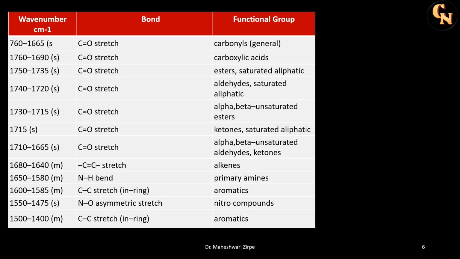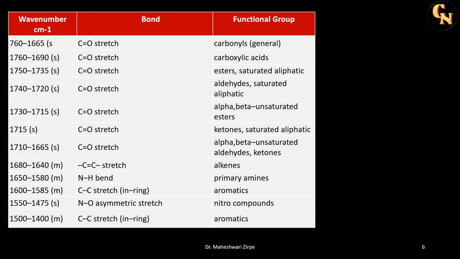So next is 1760 to 1665. A strong peak you can get for carbonyl stretching. Okay, general carbonyl stretching. Similarly, 1760 to 1690, strong CO bond, that is C double bond O stretching.